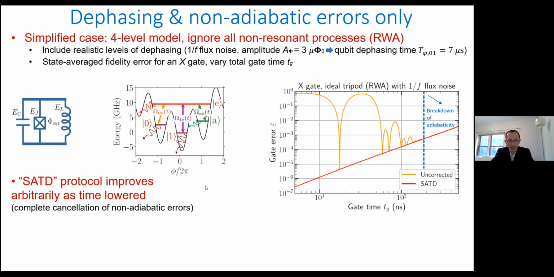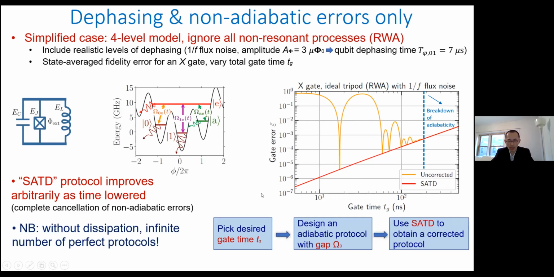One thing that comes out from this simplified model is that if you pick a particular gate time, there are in principle an infinite number of SATD protocols that you can use. Each protocol is characterized by omega naught, which is the pulse amplitude of your original adiabatic pulse.